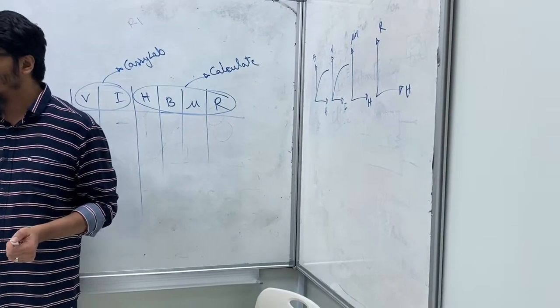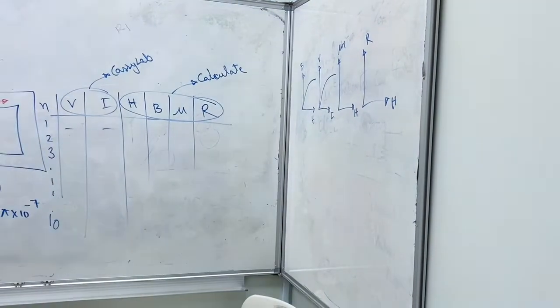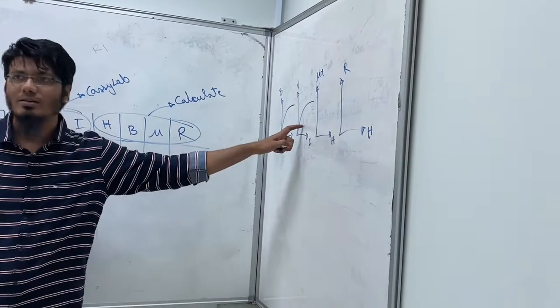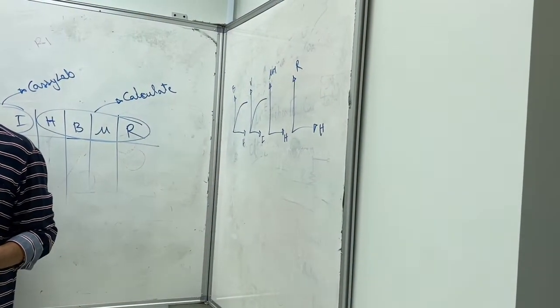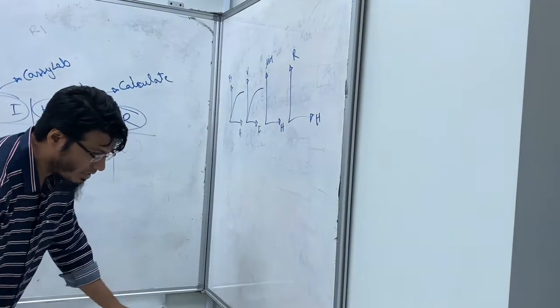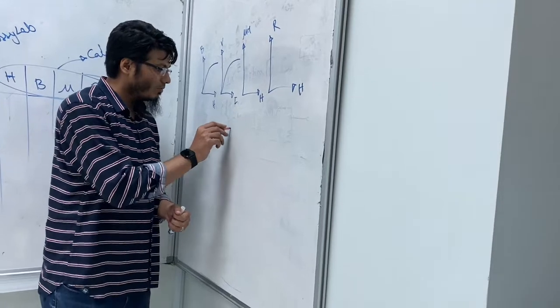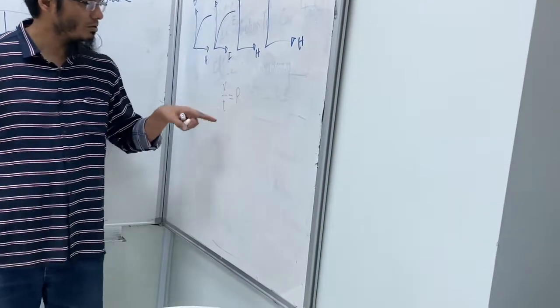Is this the normal case or the special case? Like the voltage versus current curve, should it look like this? Just think about it, guys. Ohm's law. What we started with in Ohm's law is voltage versus current, and this is our R, right? V equals IR.